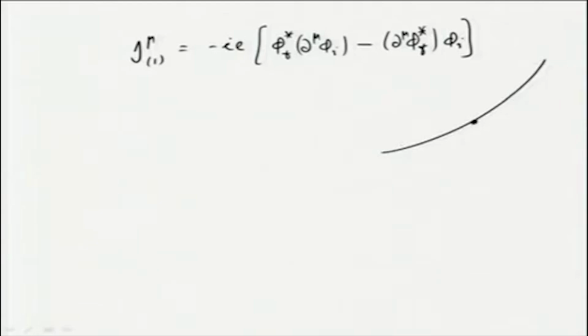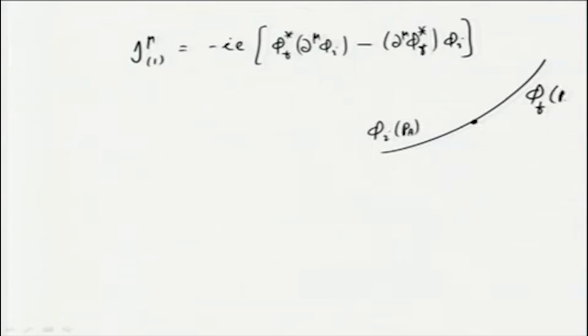Let us say this is the interaction point. So, before that is phi I. Let me associate a momentum to that particle as P A, and at the end, after the interaction, it is represented by phi f.